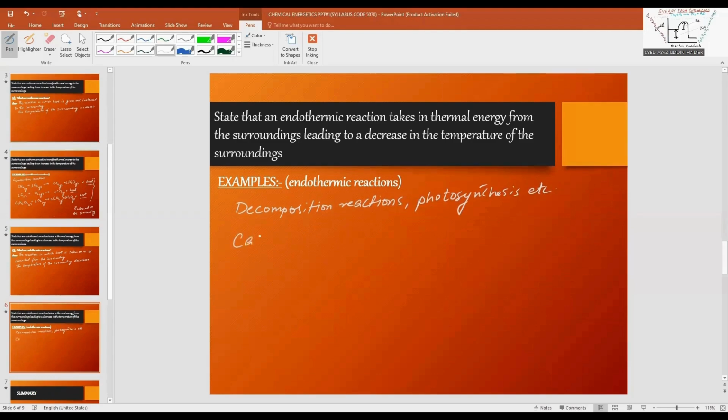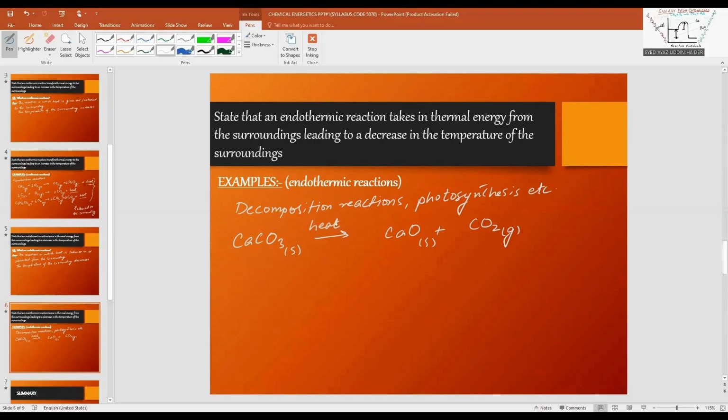The decomposition of limestone, the products are calcium oxide and carbon dioxide. First of all, let me check. Let me write the state symbols for these equations. This equation is balanced. Now I have to write heat on the top of the arrow.